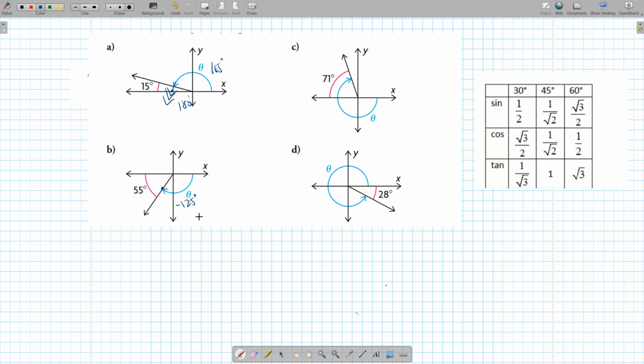Okay. Now think long and hard about C. It's also going to be a negative answer because it's going from underneath the x-axis. And the answer is between negative 180 and negative 360. What do you think?